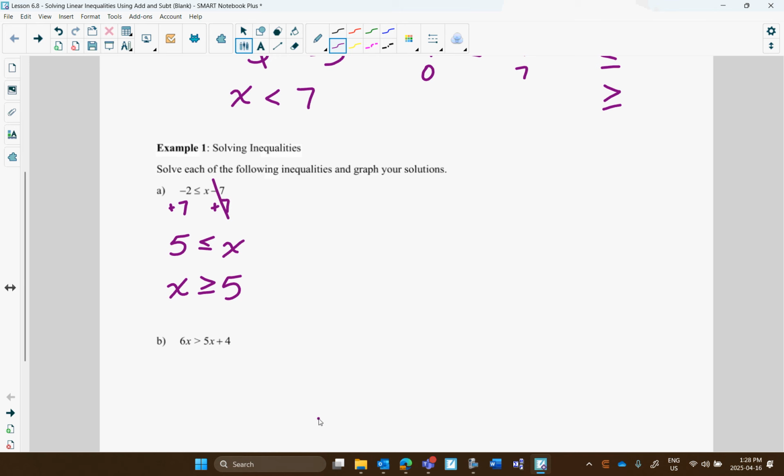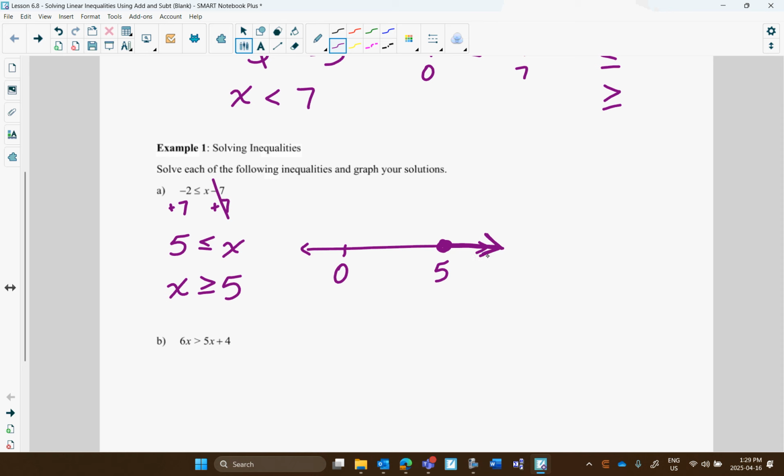Graph it. Number line, 2 notches. What value goes here? There you go, which means, and what kind of circle? Filled in. And which way does my arrow go? Excellent.